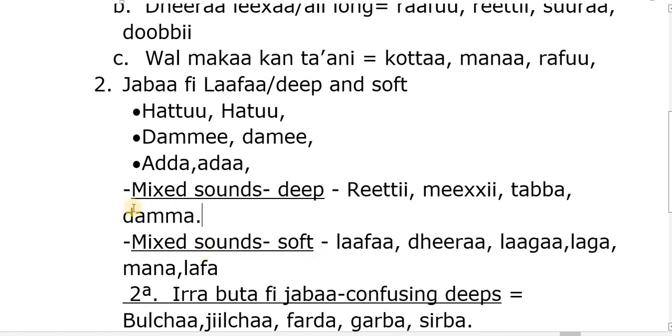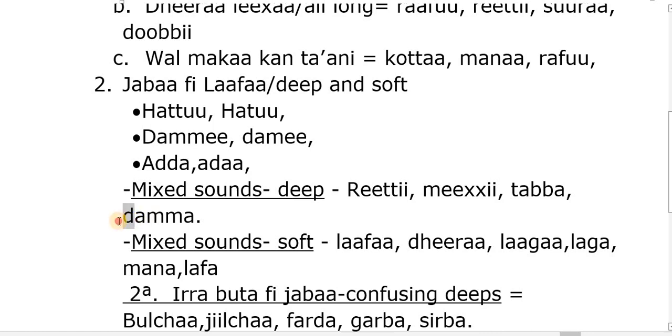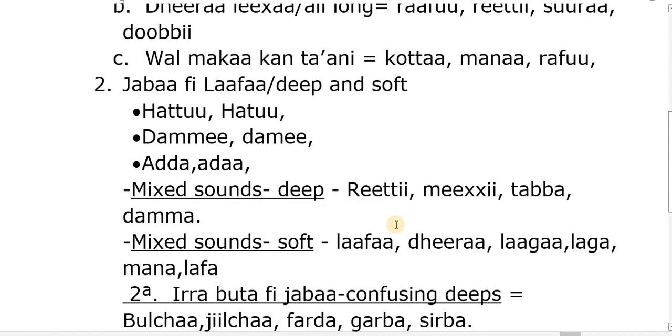So because of that, you never see a sound at the first in Oromo made stronger or repeated like this. That's one thing. We don't have a strong sound at the beginning of the word. Nothing at all.